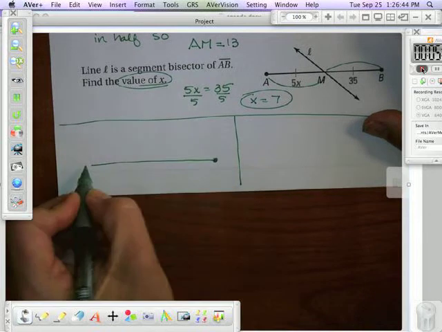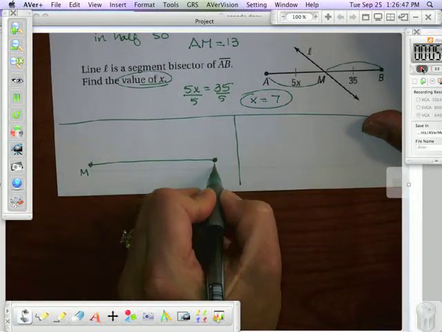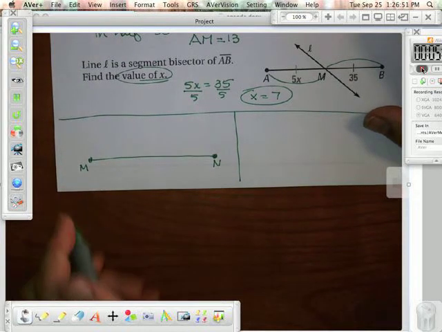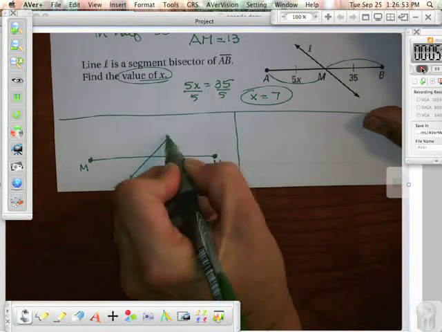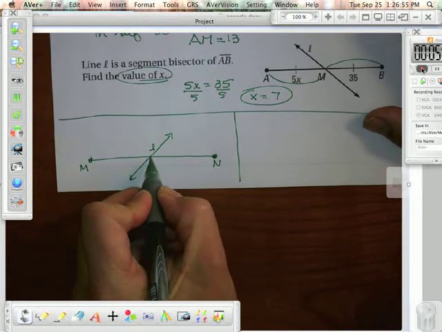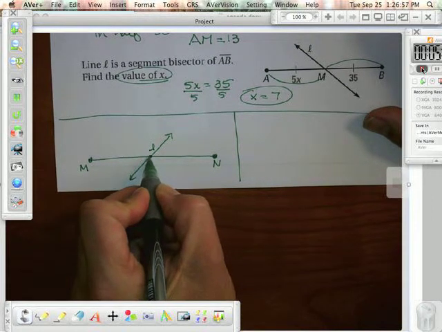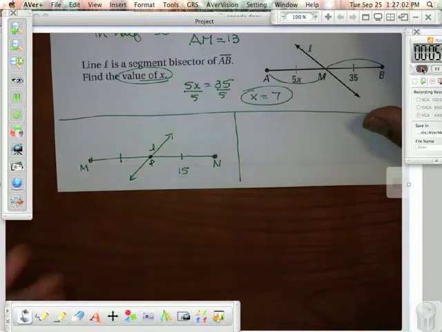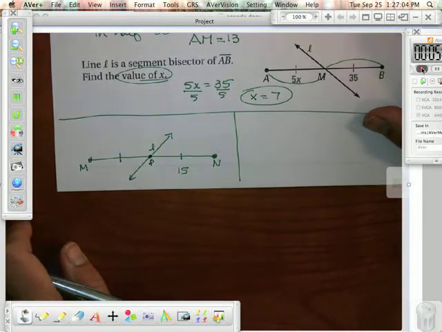Draw a segment MN. And then line L with a P here. And then 2 hash marks and a 15. It's not too bad.